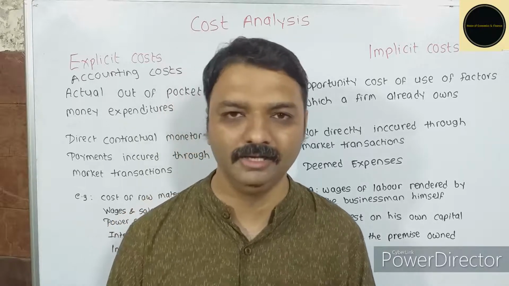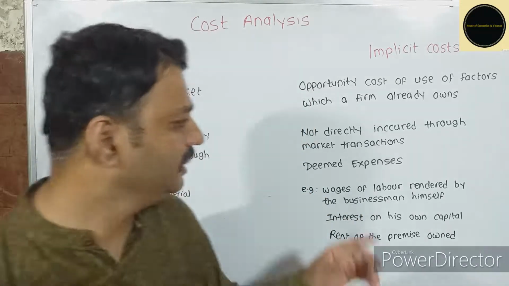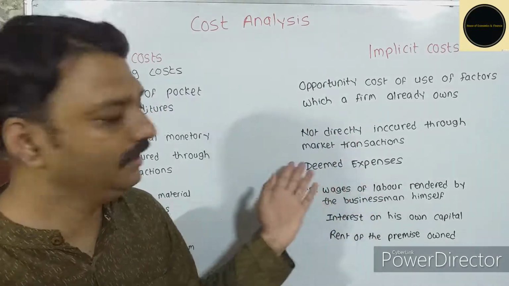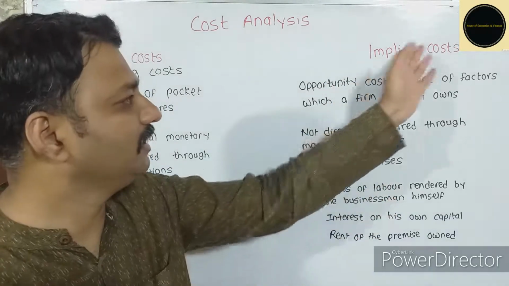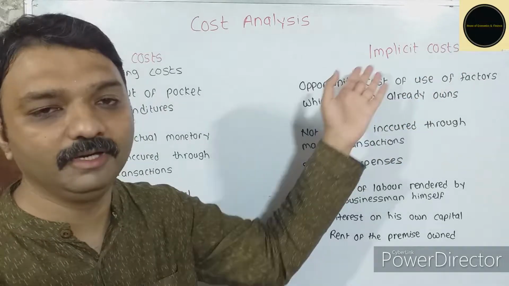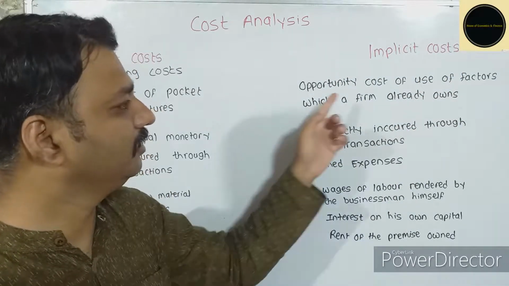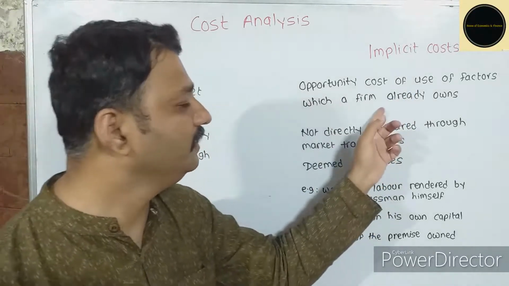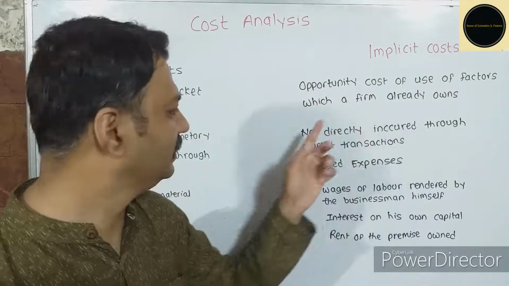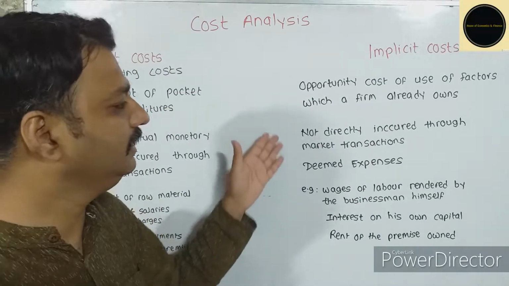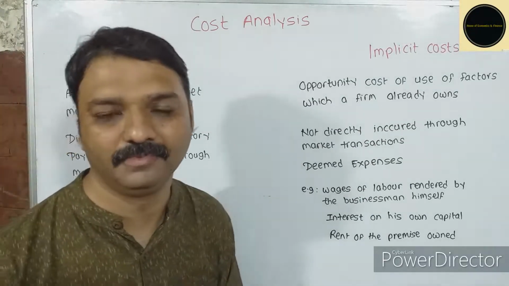These are called implicit costs or deemed expenses. Implicit costs are nothing but the opportunity cost of use of the factors which a firm already owns, and which are not directly incurred through market transactions.